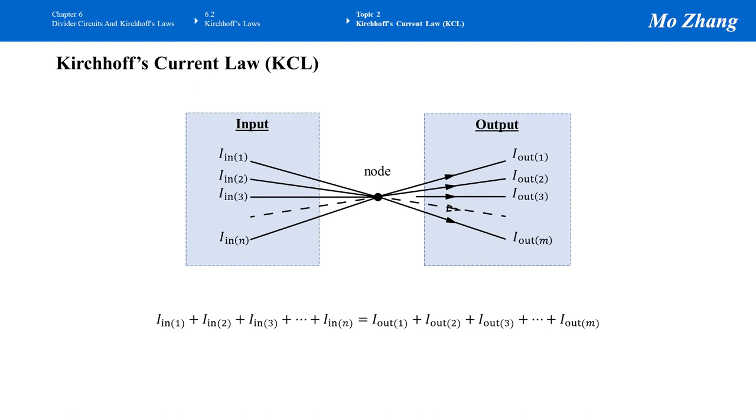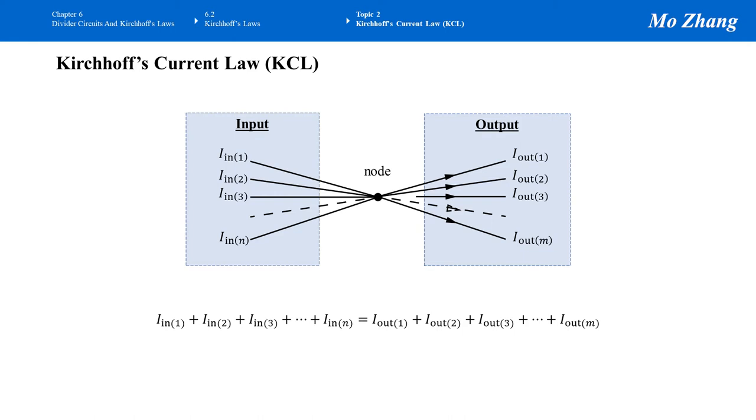That amount of current added up together should equal all the current coming out from the node, which is the total current among all the output branches. That is I out 1 plus I out 2 plus I out 3 plus I out m.